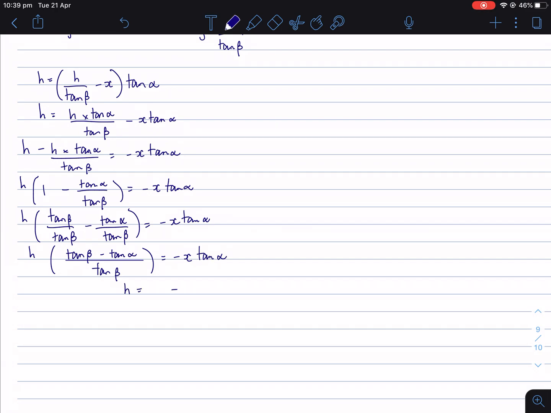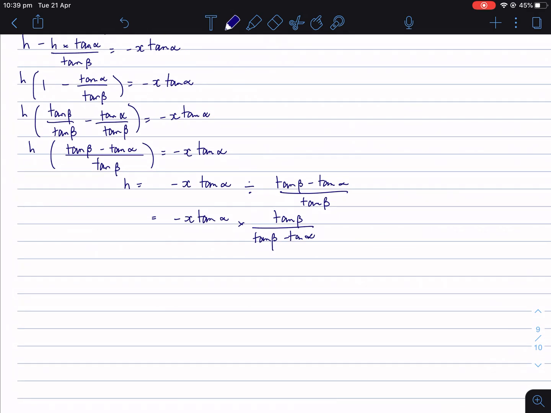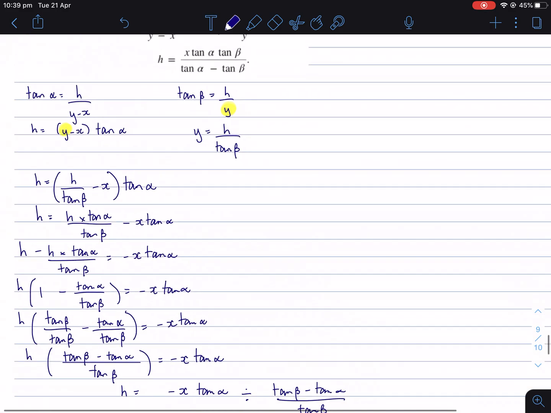So h equals negative x tan alpha divided by tan beta minus tan alpha on tan beta, which is negative x tan alpha times tan beta on tan beta minus tan alpha, which gives me negative x tan alpha tan beta over tan beta minus tan alpha.